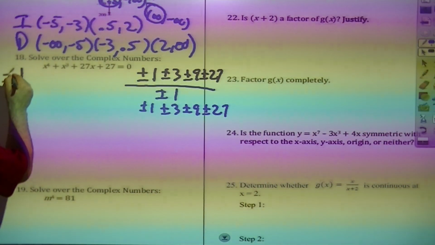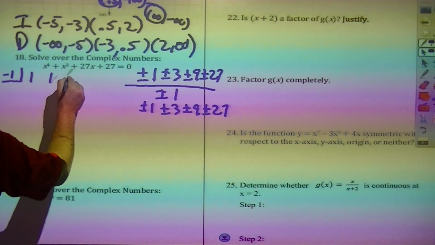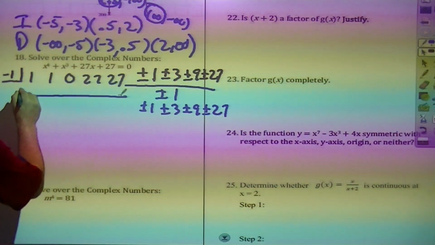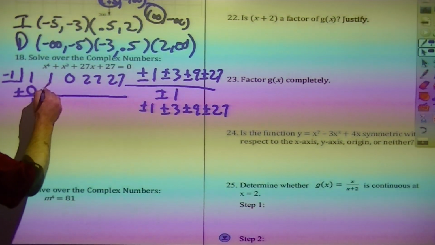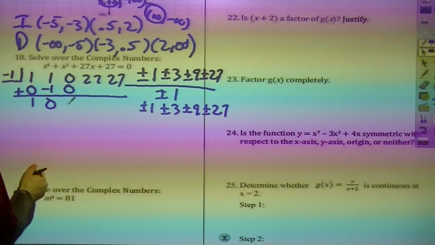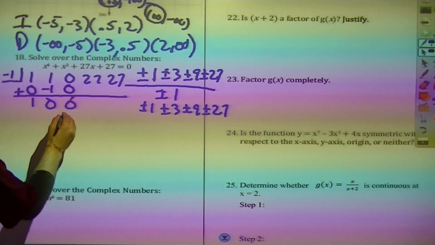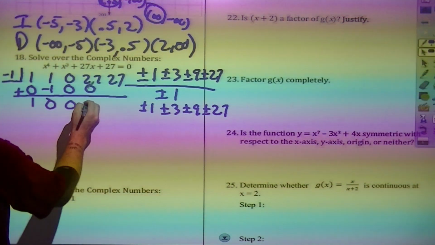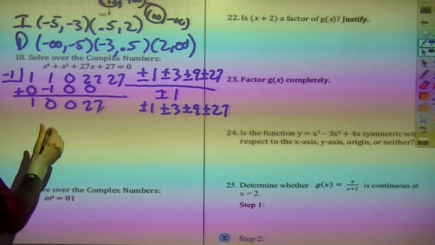Let's try that -1 again, see if that works. 1, 1, 0, 27, 27. Let's see if that works. So that's 1, that's -1, which would be 0, 0, all right, 0. I think that ends up still working, all right, that would be 27.